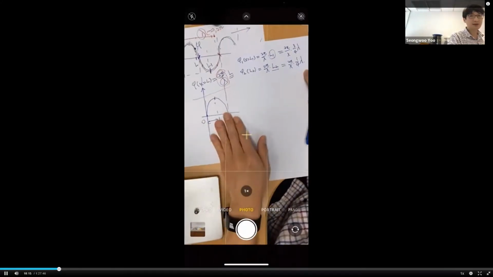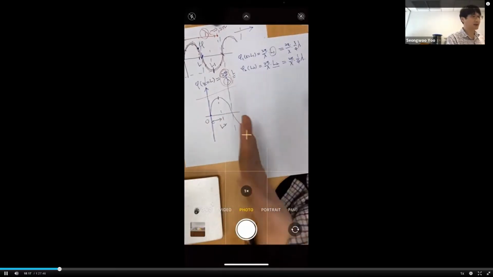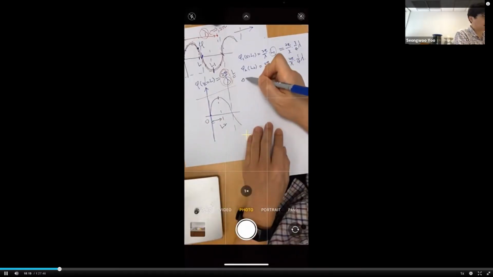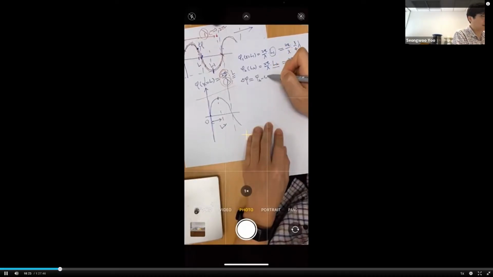So our interest is to find the phase difference. My phase difference delta phi is going to be phi 2 minus phi 1, which becomes 2 pi over lambda times L2 minus L1. So this is 2 pi over lambda times 3/4 wavelengths minus 1/4 wavelengths.